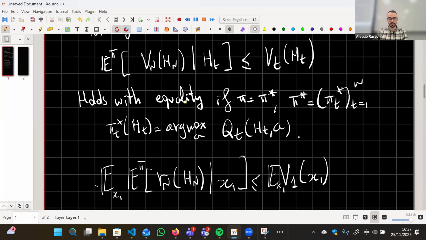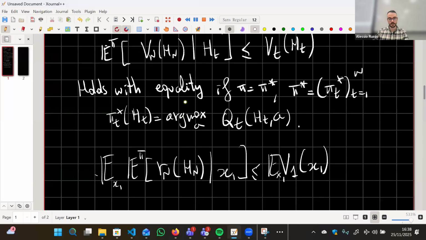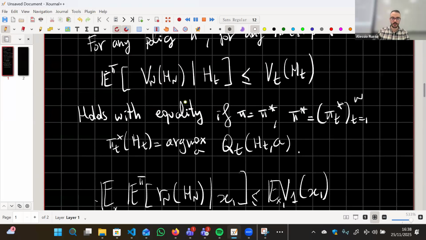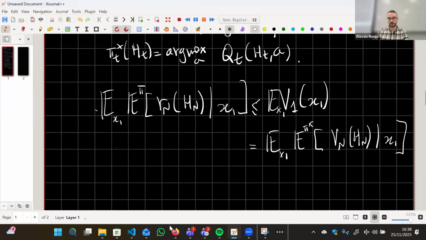So we also know that this v1 of x1 is, just replace here pi by pi star, and here use 1. So what we have is that this is also equal to this expectation. Now let me just rewrite it in one single expectation here for simplicity.